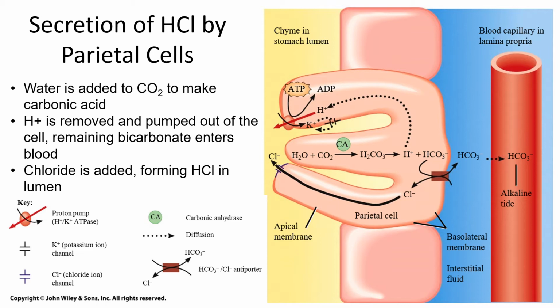And you might be thinking, well, isn't that going to upset the pH of the blood? And in some cases it can. We refer to this as an alkaline tide when we have a lot of this bicarbonate moving into the blood after a big meal. But generally, the blood can buffer itself, and we'll talk about that later, so it can correct this problem. Also, the exact opposite reaction is occurring in the pancreas.